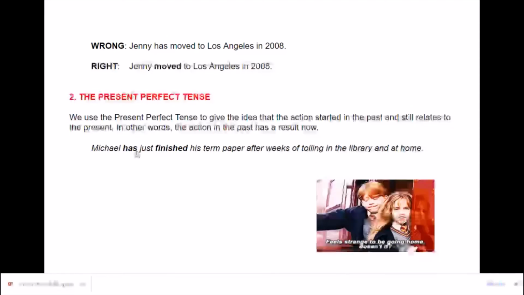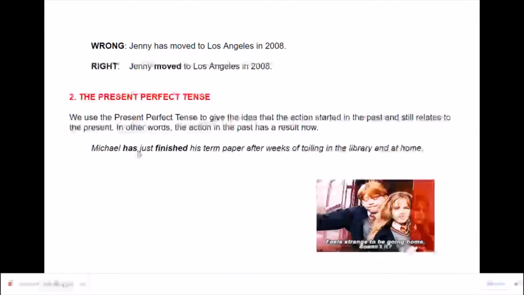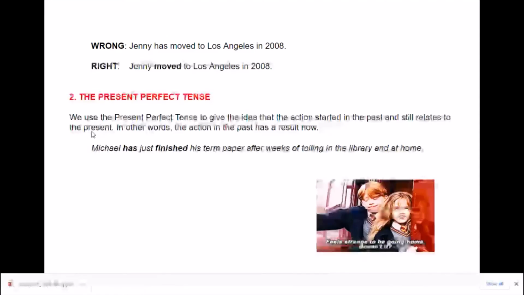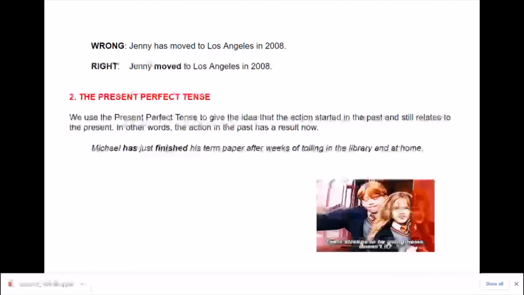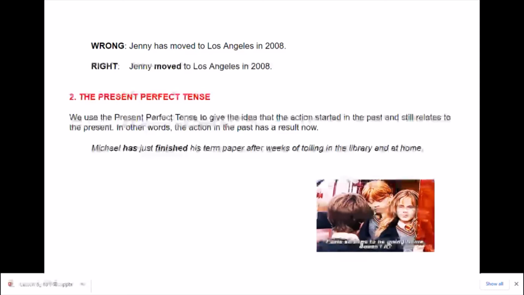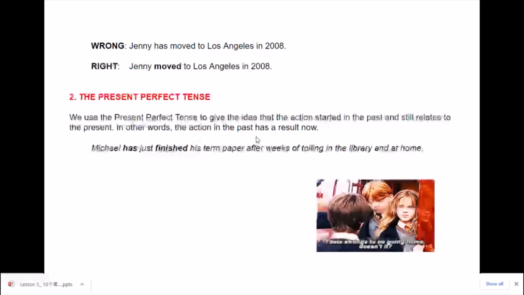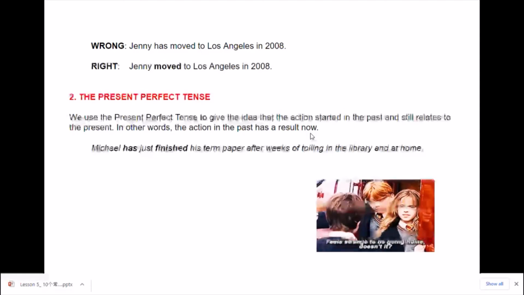So something happened, began in the past, it still has connections to the present. That means right now, at the time of speaking. Okay? In other words, the action in the past has a result now. Okay?